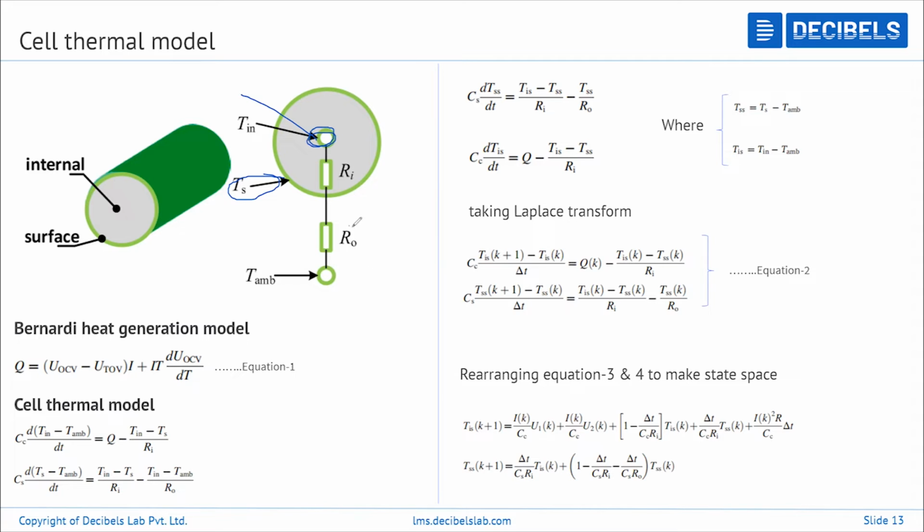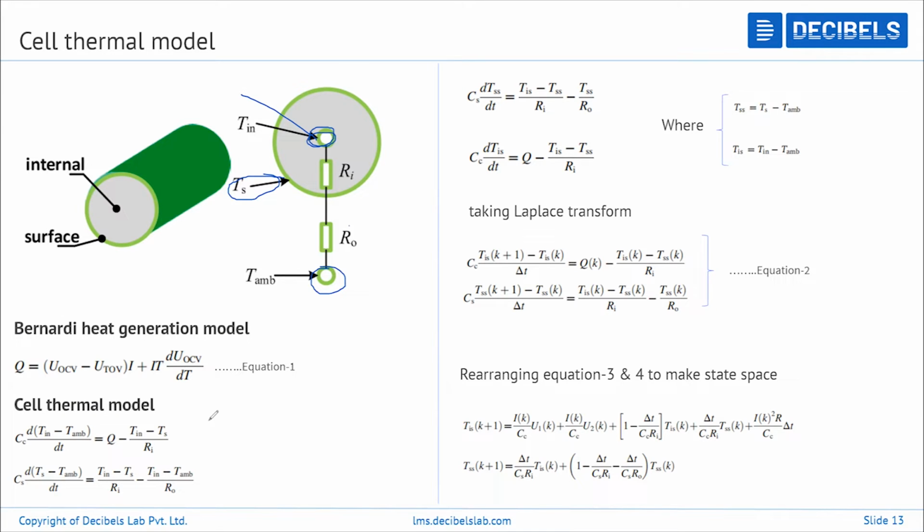We are representing that in terms of resistance again. And the last one is T ambient. And further, with the Bernardi heat generation model, we are going to derive the cell thermal model.